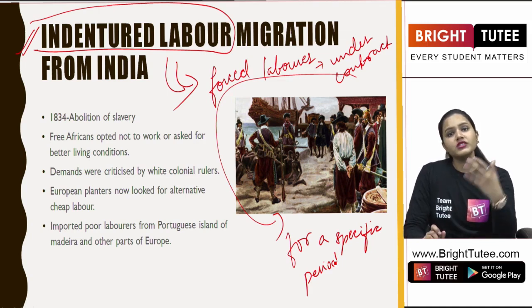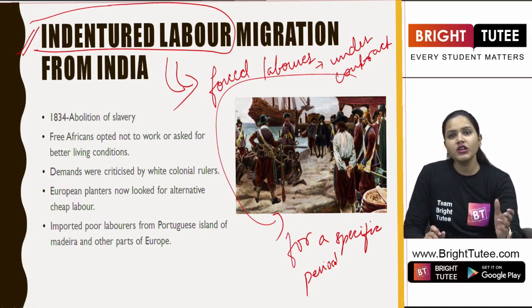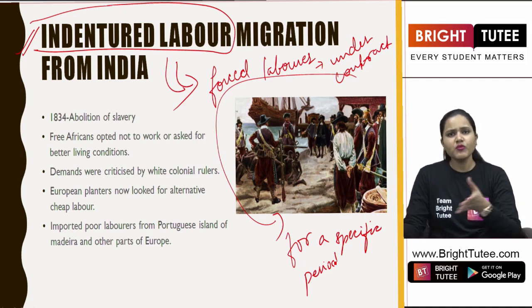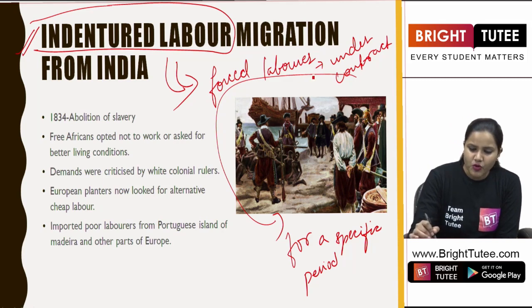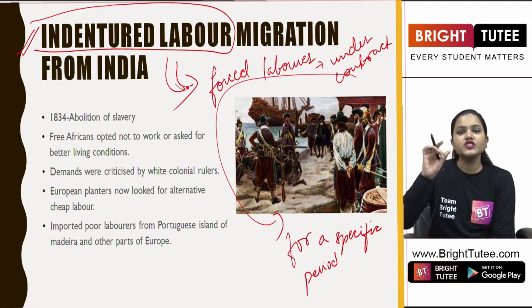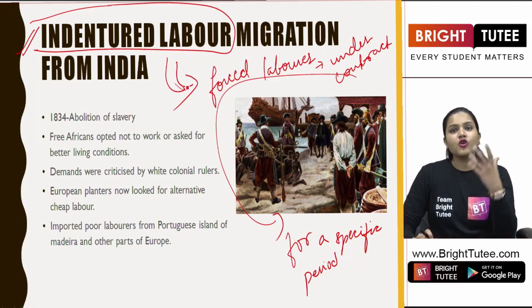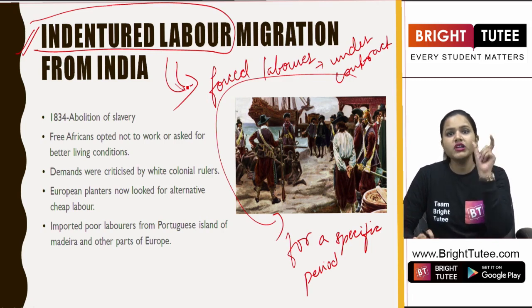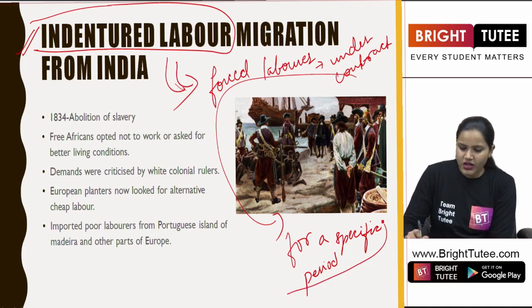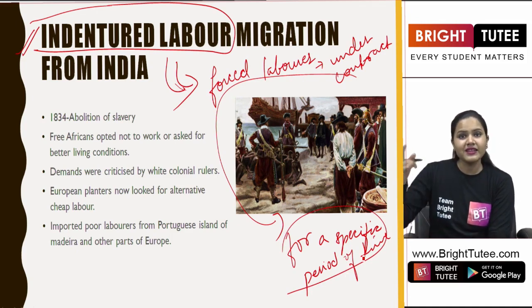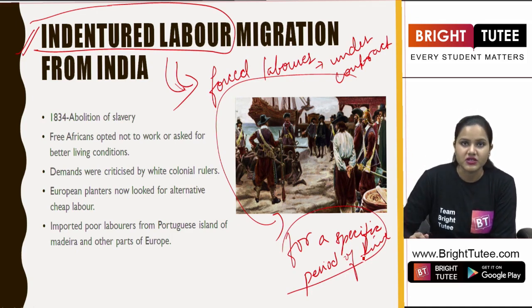So these are the forced laborers, right? They are not going on their own. Some of them are going on their own, but mostly people are forced to work as indentured labor. Now this is contractual labor in which the laborer has to work under his employer for a specific period of time. And they are sent to different destinations.